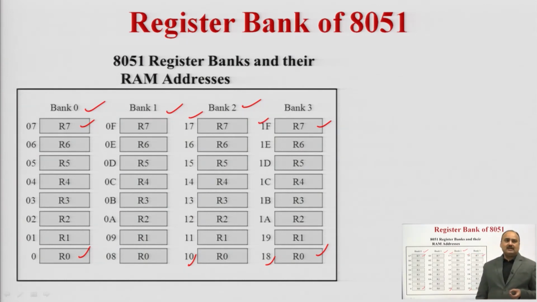So, this is the register bank of the 8051 microcontroller: bank 0, bank 1, bank 2, bank 3. Each bank consists of 8-bit registers, and the corresponding addresses of the registers of bank 0, bank 1, bank 2 and bank 3 are also shown in this figure.